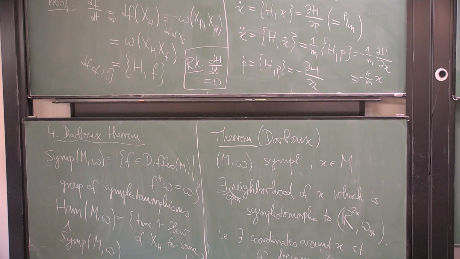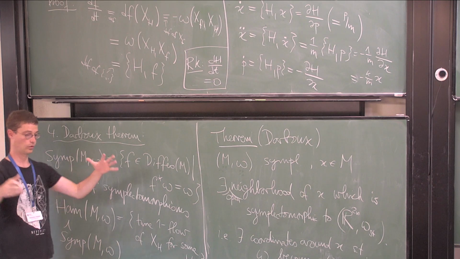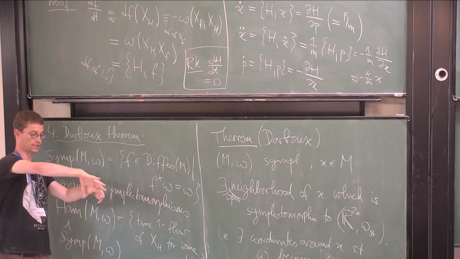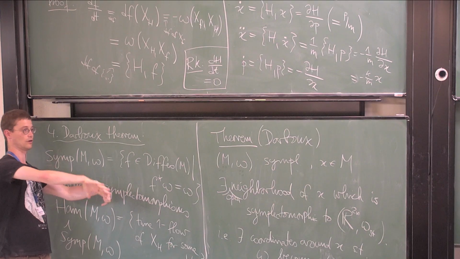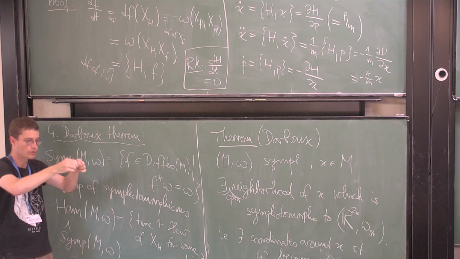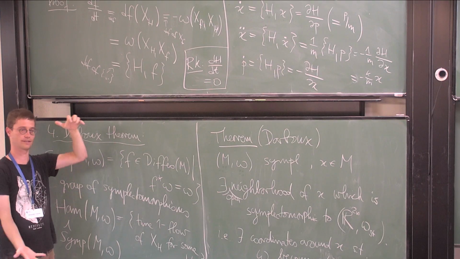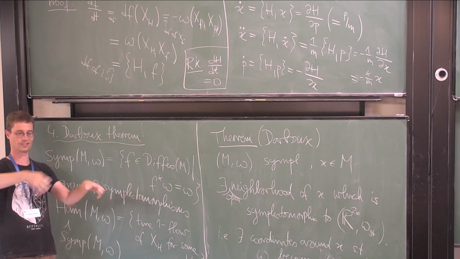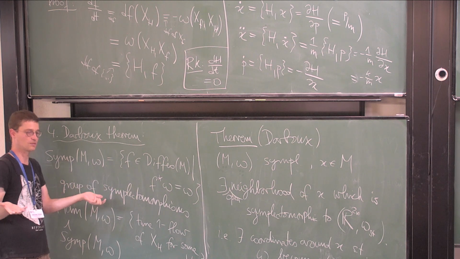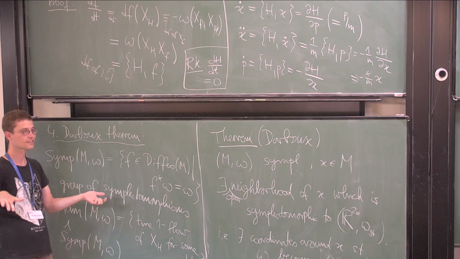Typically, the Hamiltonian is the total energy, so you have energy conservation. Once you fix your Hamiltonian, you have this hypersurface of fixed energy, and you will never go out of this hypersurface. So why should we care about the whole phase space? We should just see this hypersurface. But this has no symplectic structure since it's of odd dimension.